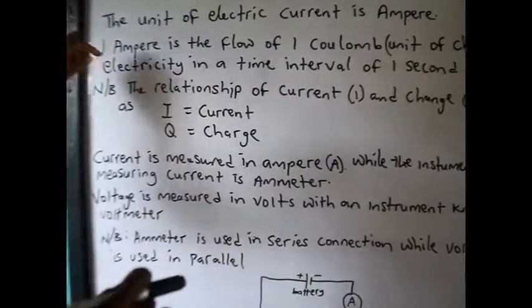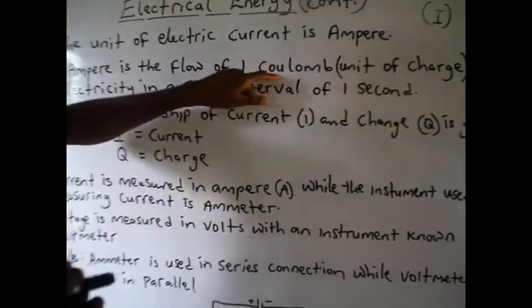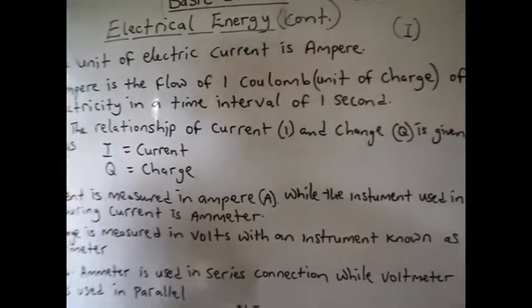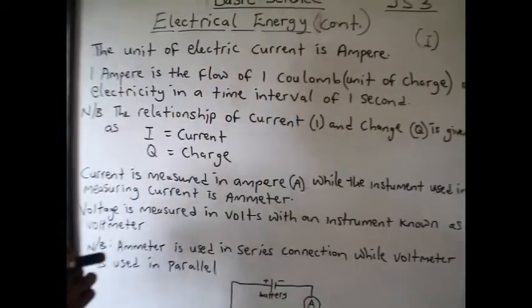That's to say that 1 ampere is equivalent to 1 coulomb, a unit charge of electricity that flows at a particular second. So that is how it is counted.